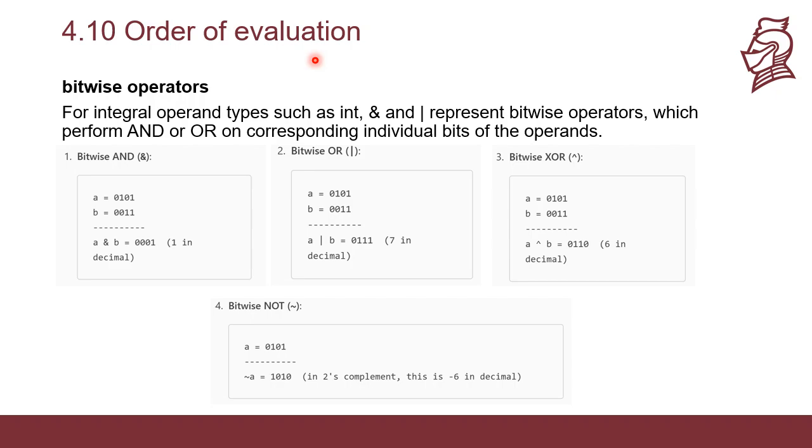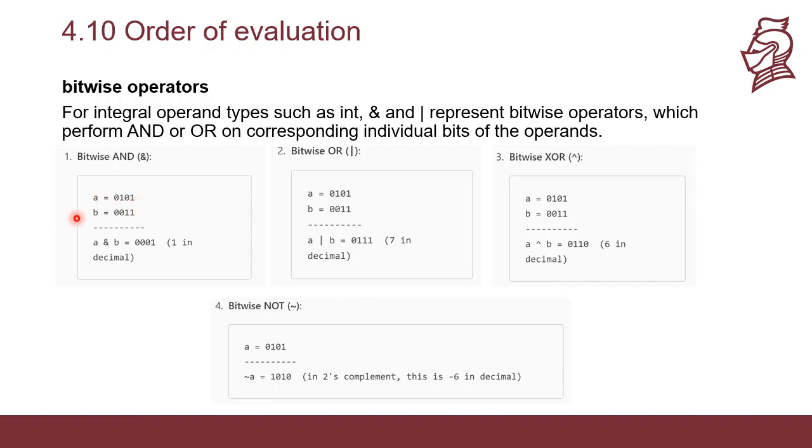So bitwise operators, I kind of just want you to know these exist and be aware of them for now. But the way this works is that if you consider a number in binary, so say that A is the number 0101 in binary, which is actually 5 in decimal, right?